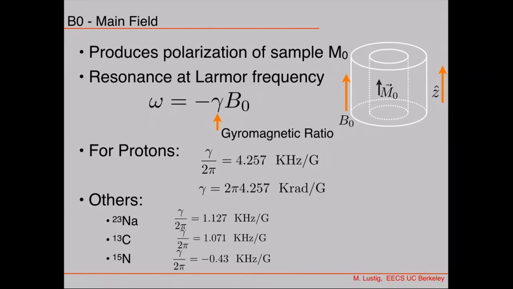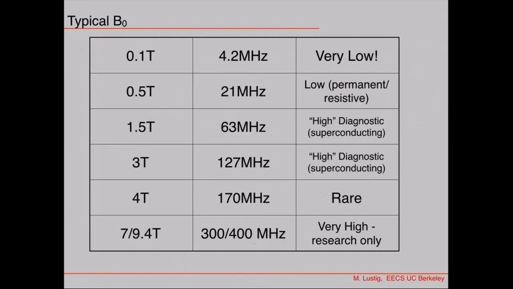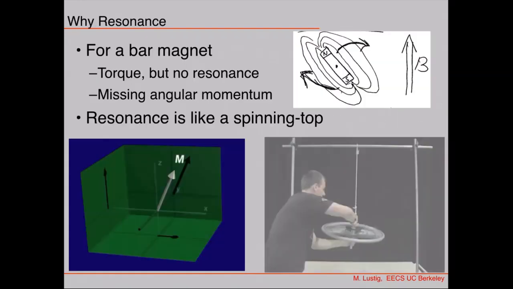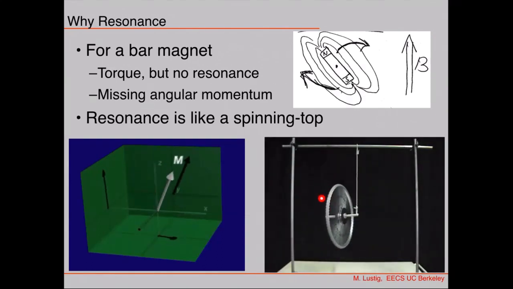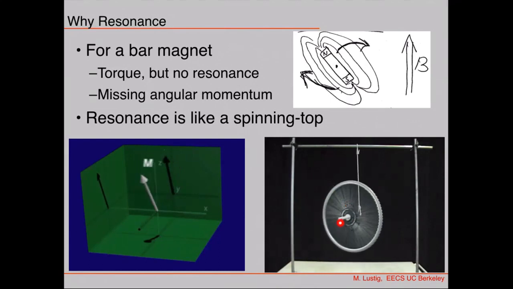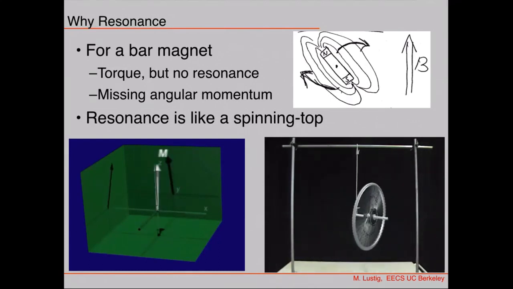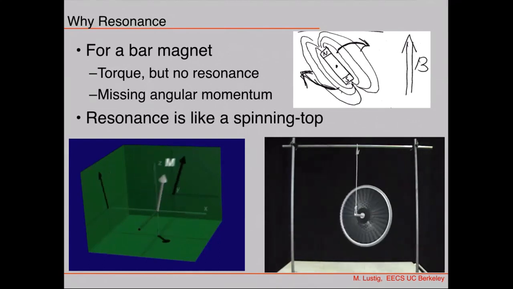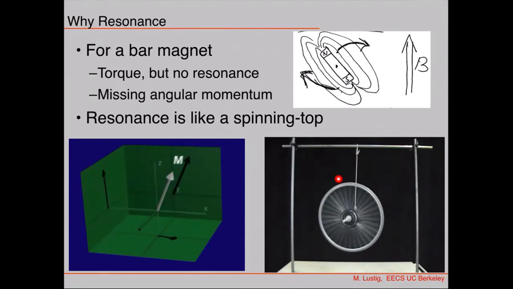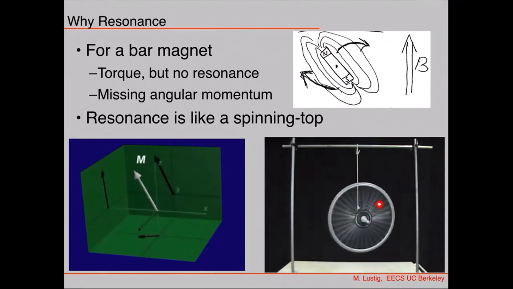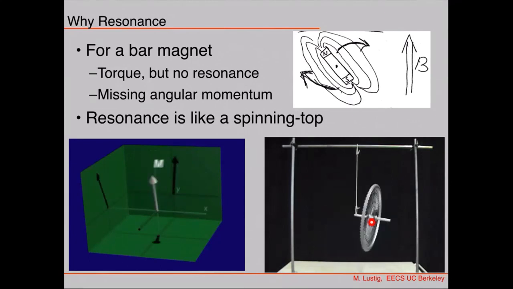Well, if you remember this experiment, this particular one, because this wheel is rotating in a particular direction, then the precession is going this way. But if the wheel rotates the other way, then the precession will go the other way.